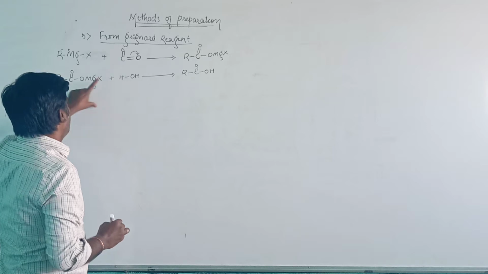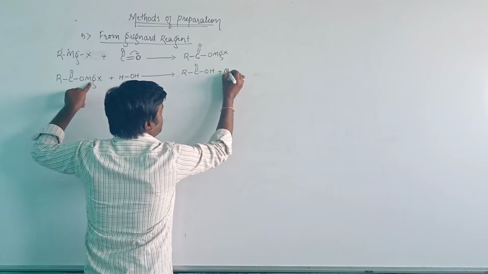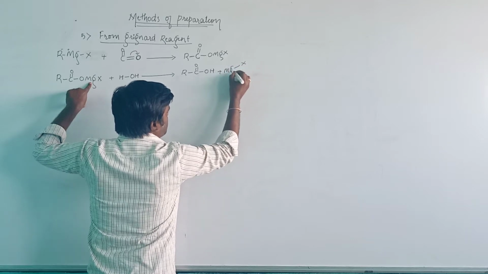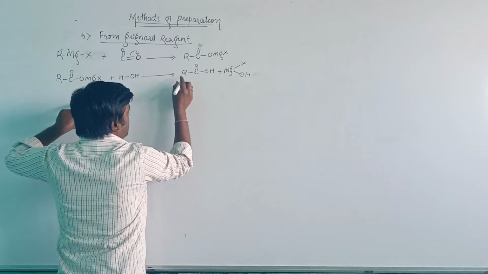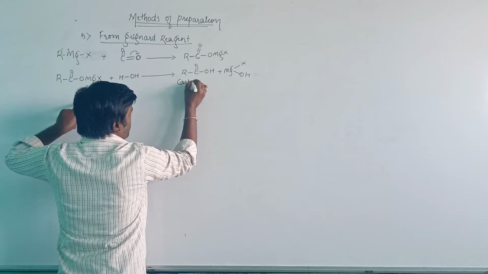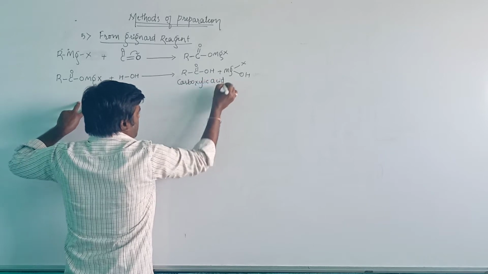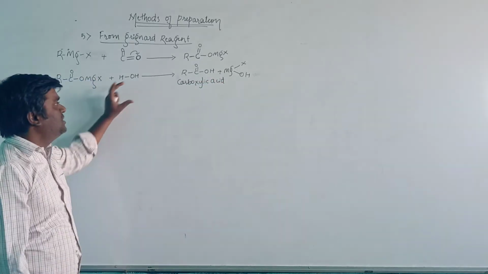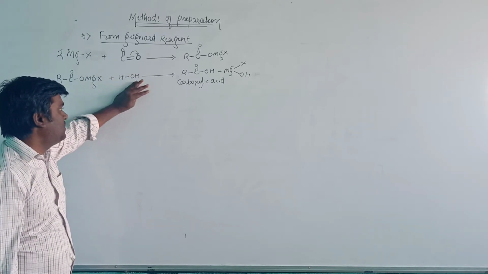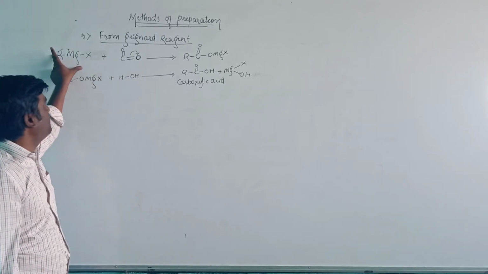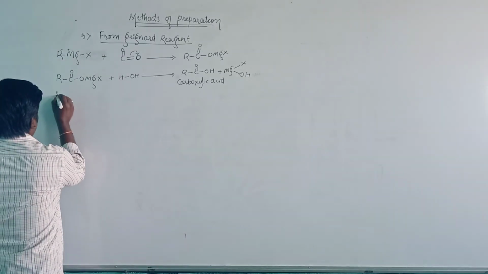The other part attaches to MgX, giving Mg halogen hydroxide. The main product is the carboxylic acid. This is the general representation for the preparation of carboxylic acid by the Grignard reagent.